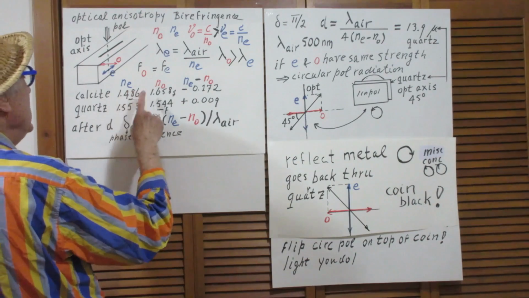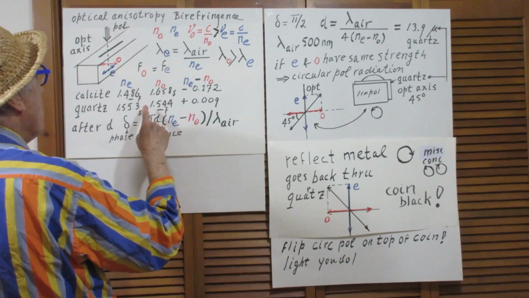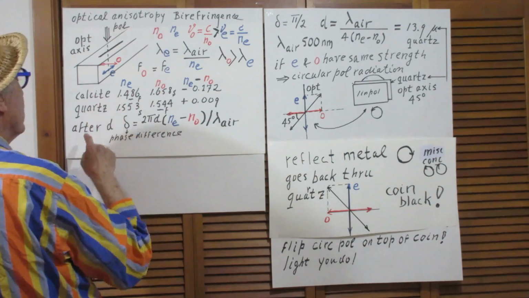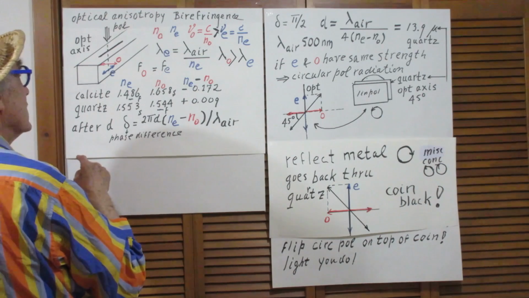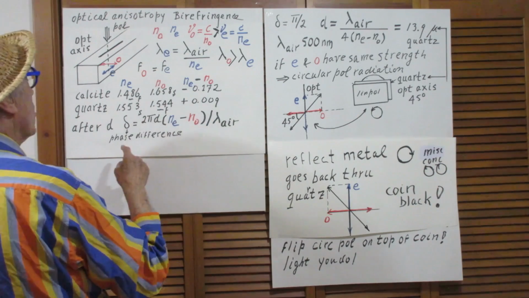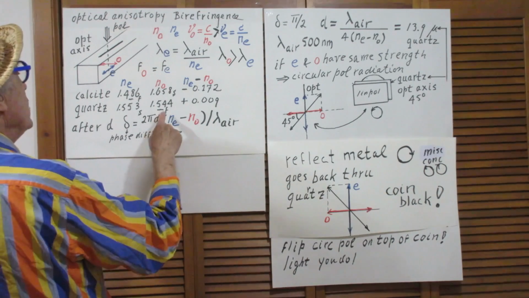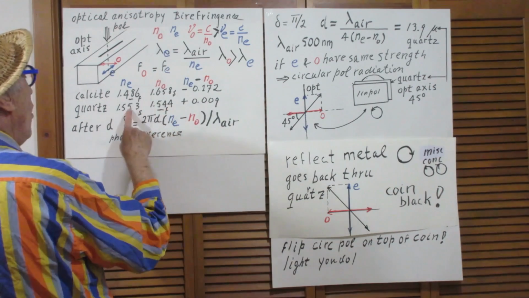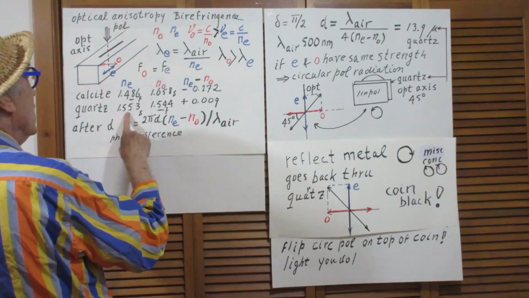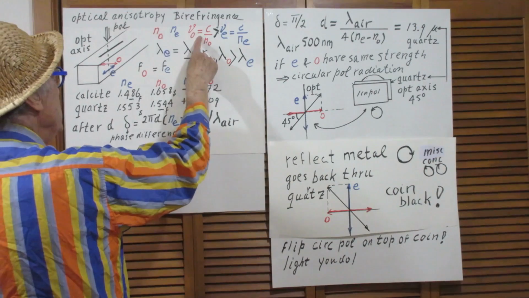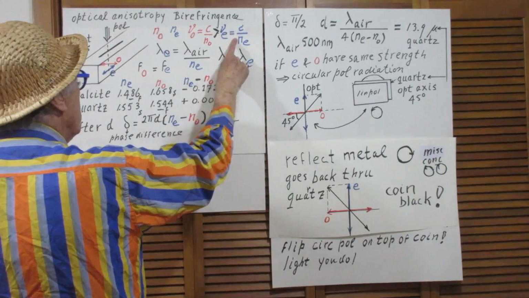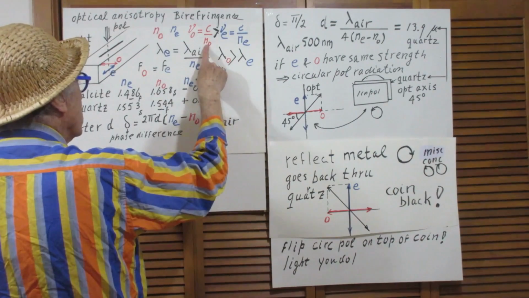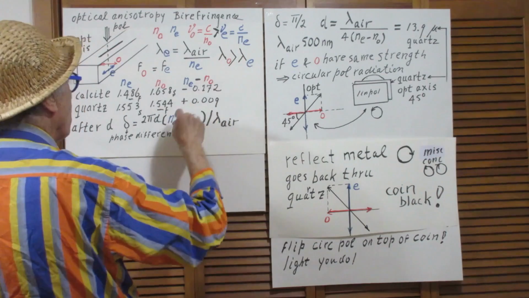I have here N_E and N_O for quartz and for calcite. I will work mostly with quartz, and you will see that N_O is smaller than N_E. So that means this speed is larger than that speed, because N_O is smaller than N_E.